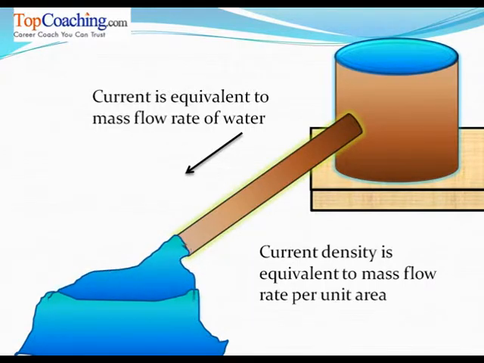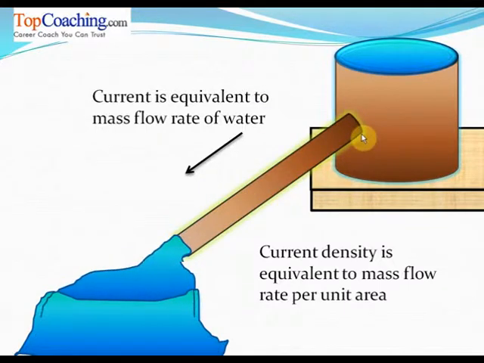In the case of electric current, electrons are flowing from one potential to the other potential. Similarly, the current density is equal to the mass flow rate of water per unit area. The drift velocity in the case of electric current is equivalent to the velocity of water as it flows from the tank at a higher height to a tank at a lower height, isn't it?